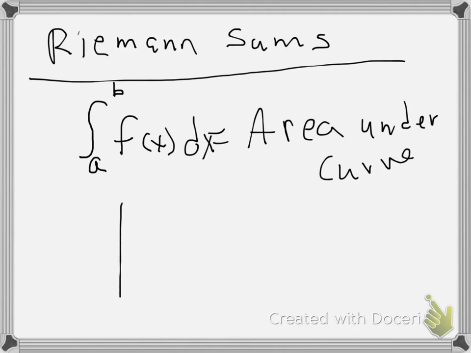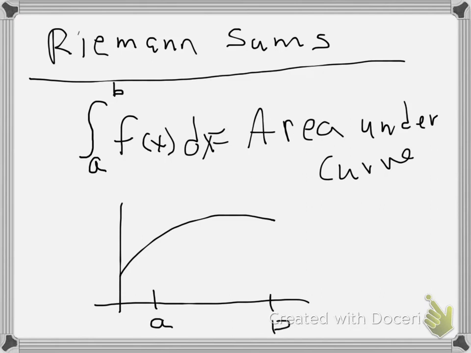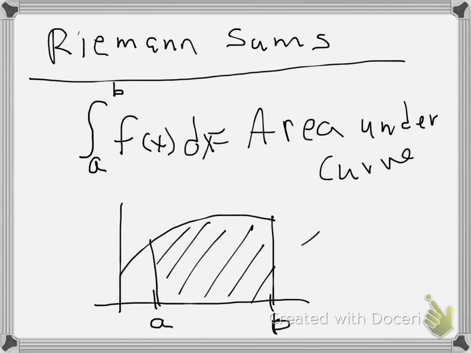Essentially what they're saying is that if we have a curve, and it looks something like this, and if we integrate over an interval a to b, the definite integral is the area between the curve and the x-axis.